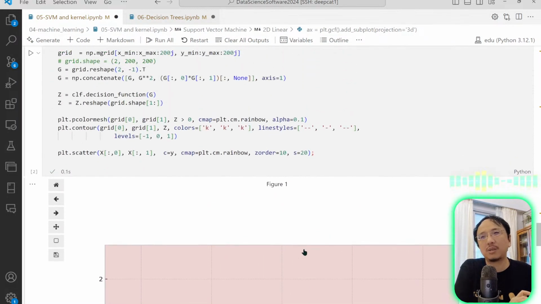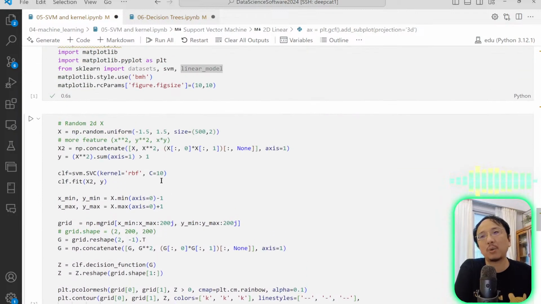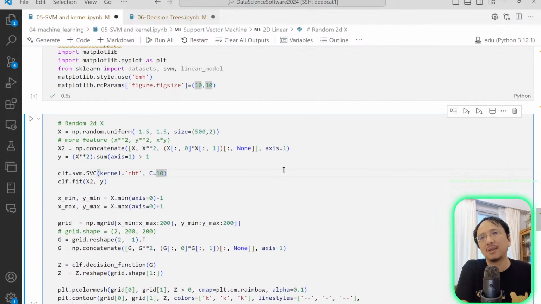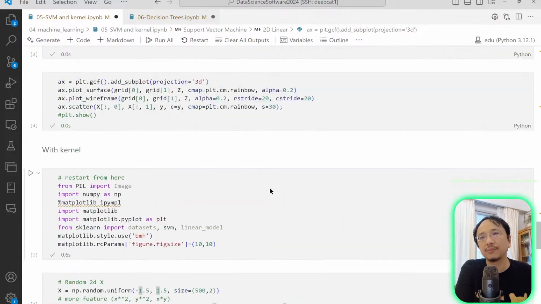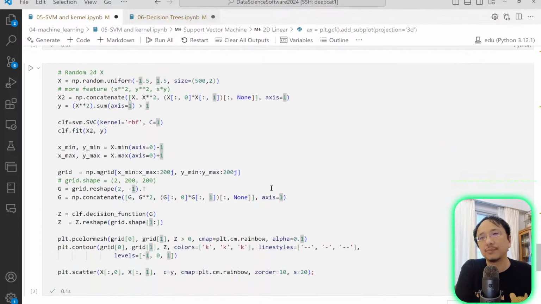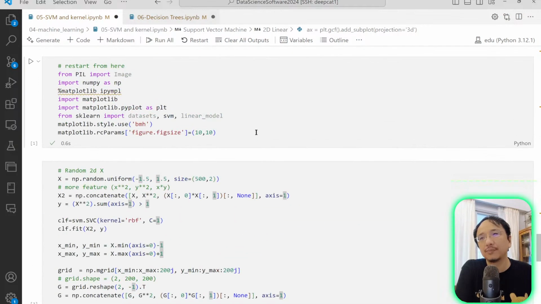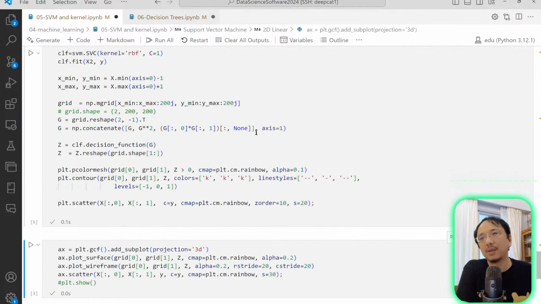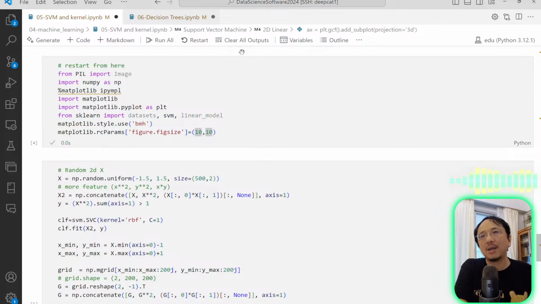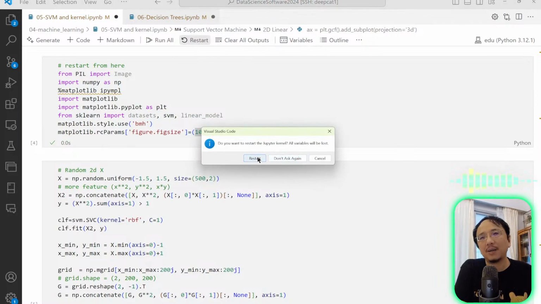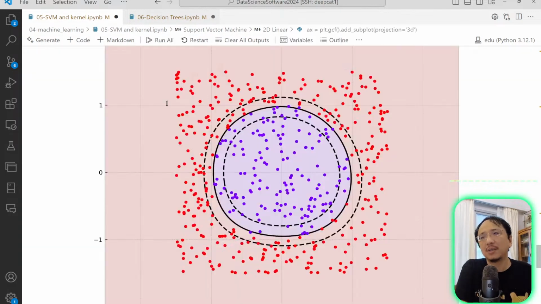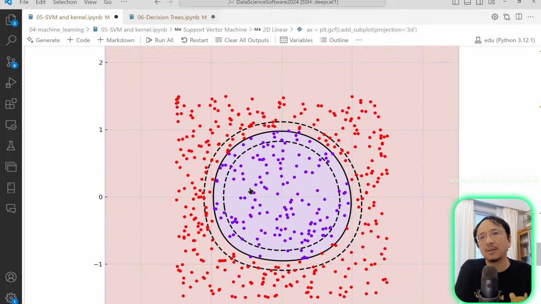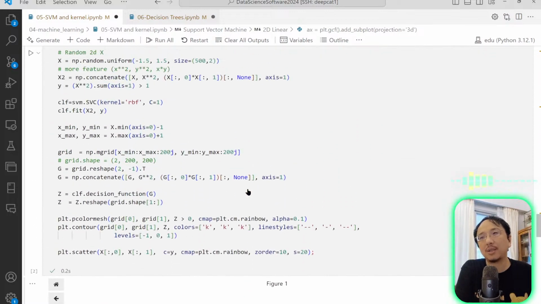We can choose a different C to make it more strict, because we know that it is in fact circle separable. Let me run it again. I'm using IPYML, so we probably should use a larger C here.